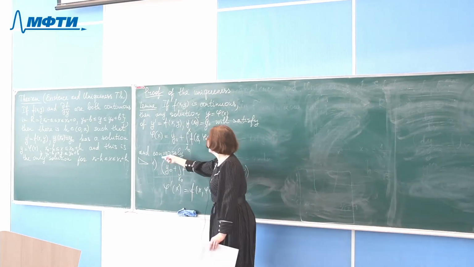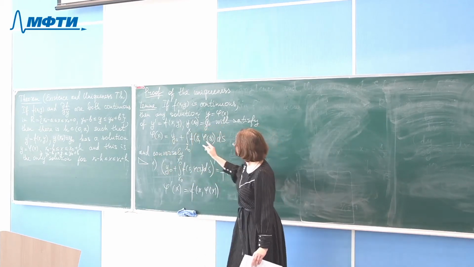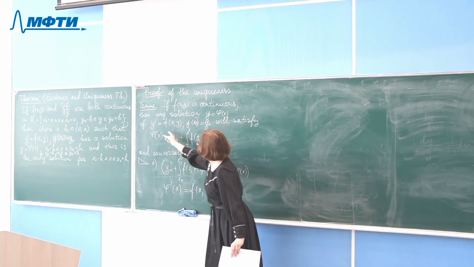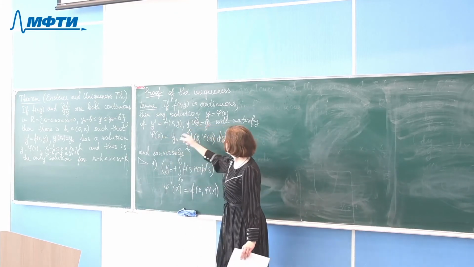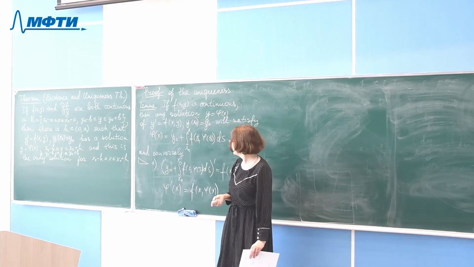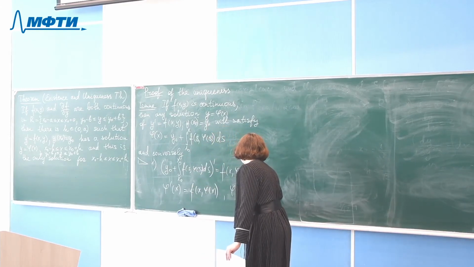And we can see that the derivatives of both sides of this integral equation are the same. And in addition, we can see that phi of x0 equals y0.